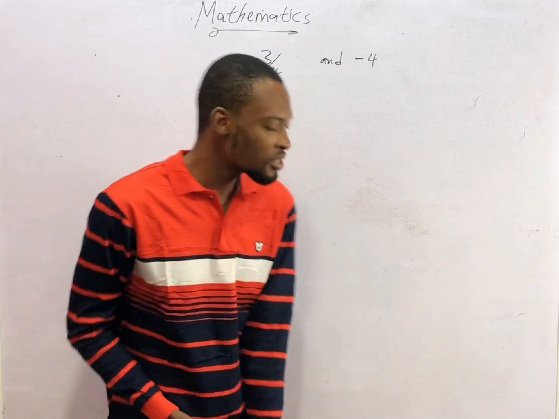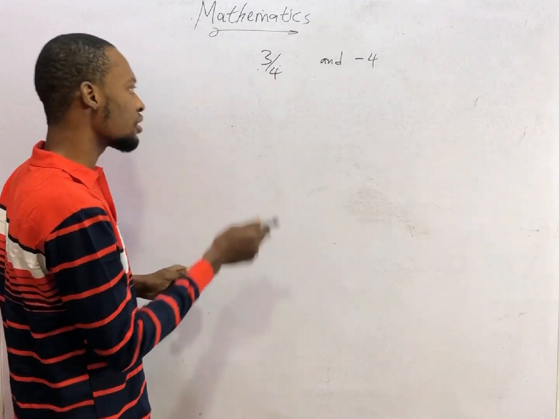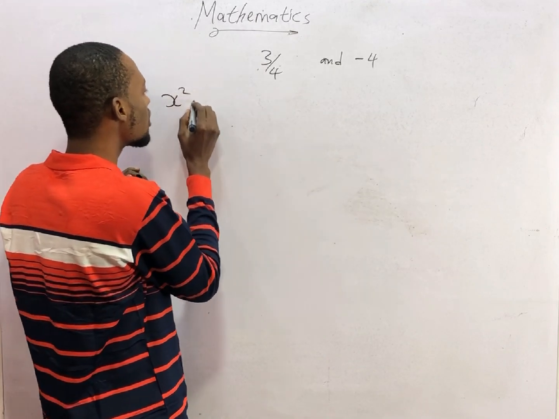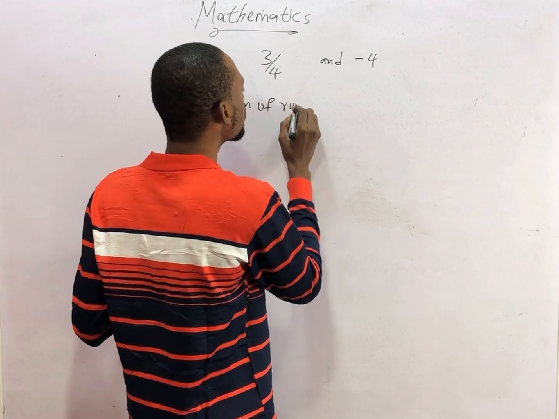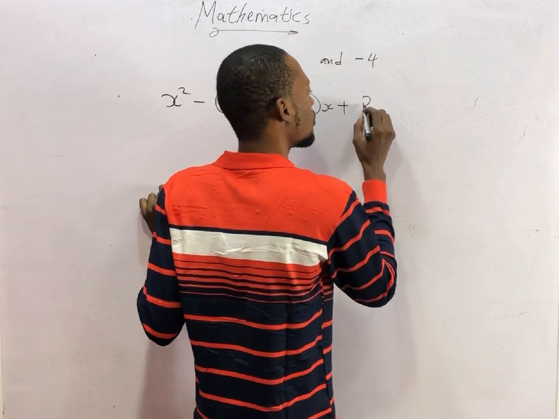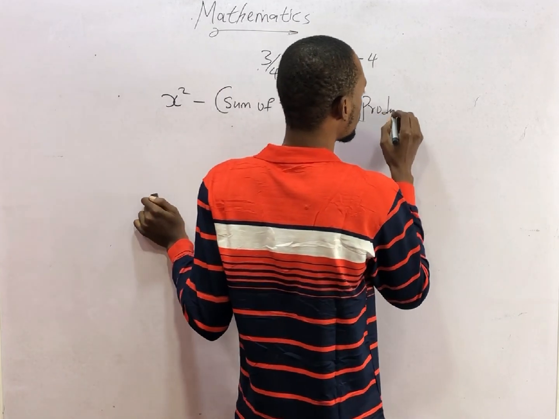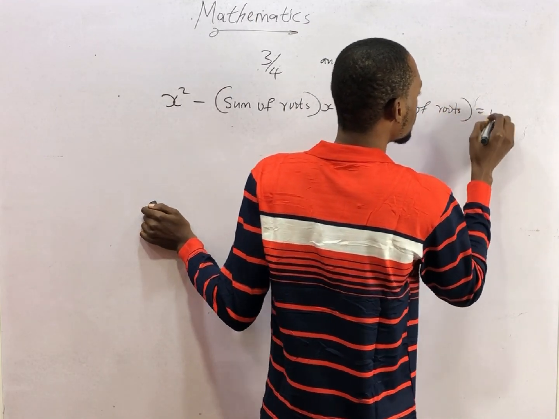If the roots of the equations are these guys, to get quadratic equation from roots, it is simply x squared minus sum of roots times x plus product of roots is equals 0.